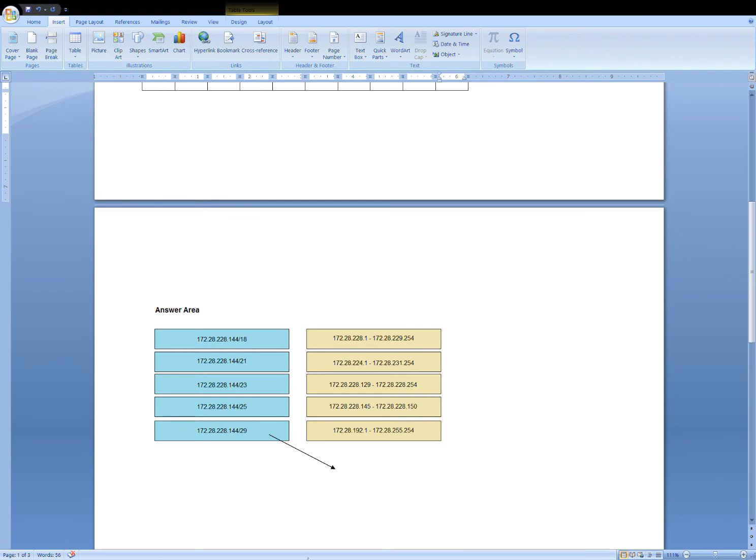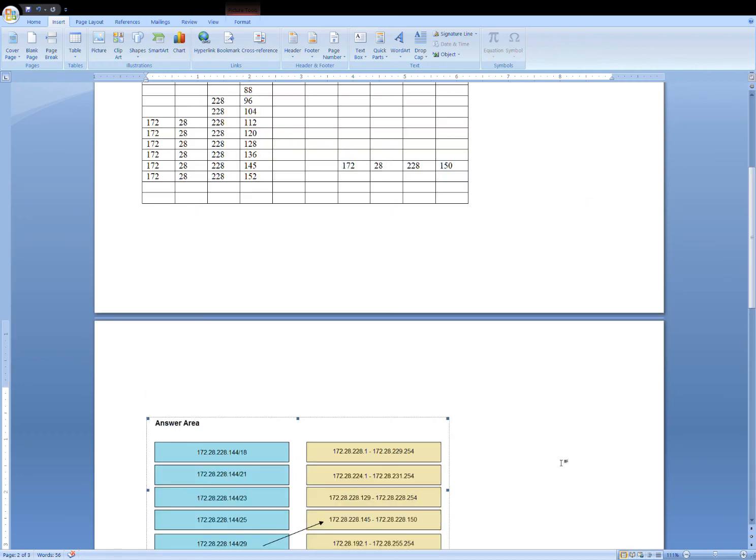And on our sheet over here, we were doing this one here. That matches this one right here. 145 is the first usable. 150 is the last usable.